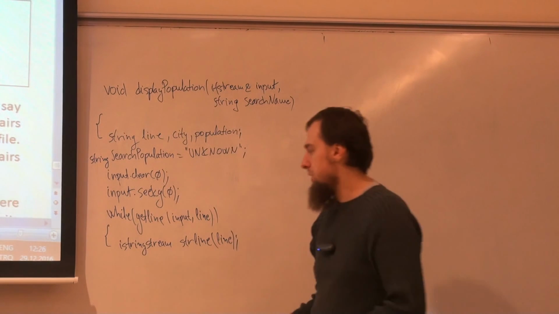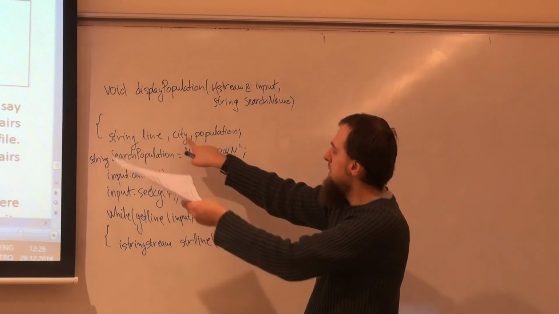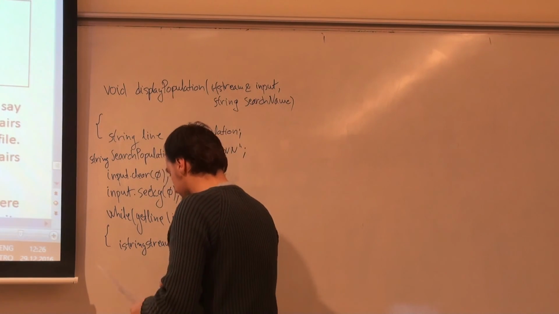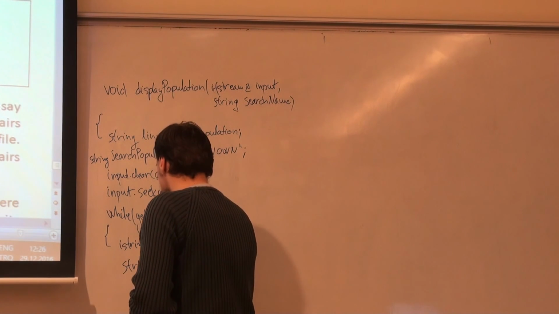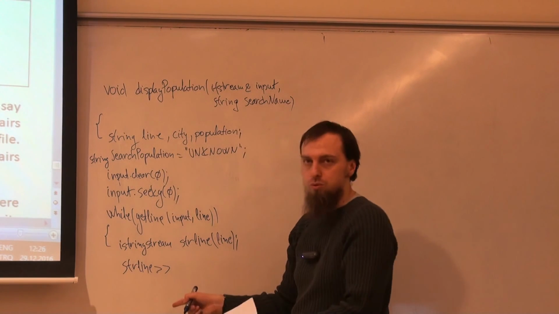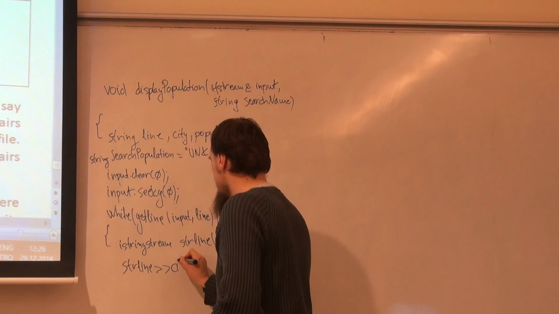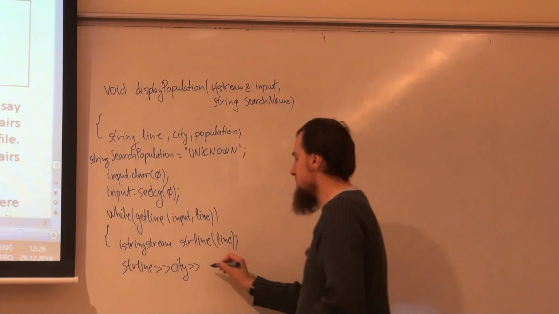We have 2 words in each line. So one word goes for the city, and the other one goes for the population. We do it like this. Since we are sure that there are two words, the first word goes to the city, like an input. The second word goes to the population.